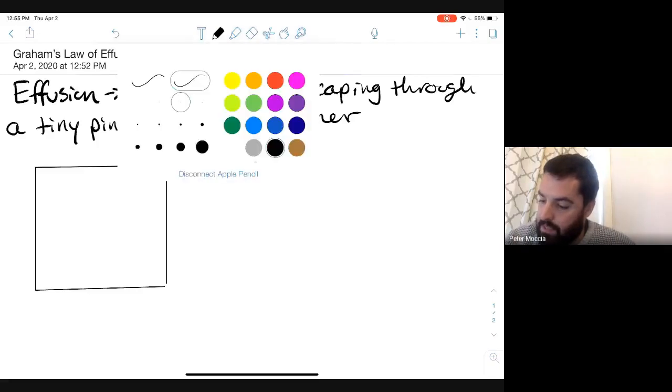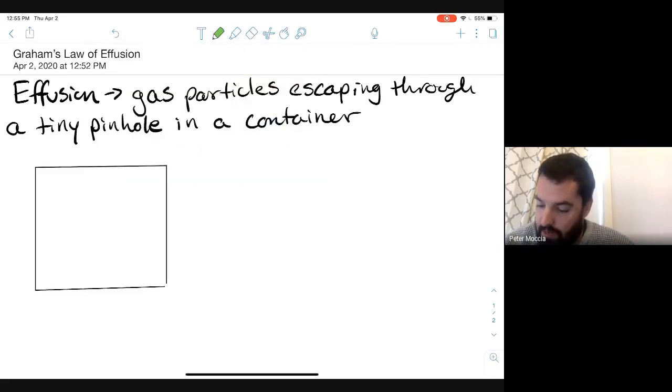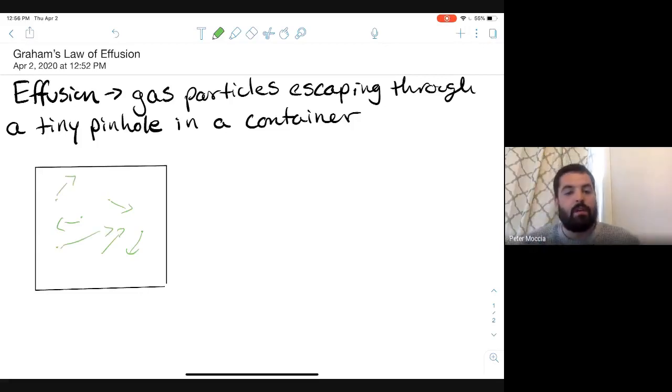And I have some gas particles moving around, okay? These guys move in totally random directions, right? Straight line, random directions. We learned that from kinetic molecular theory on Monday. So let's say one of these gas particles just escapes through this hole here.